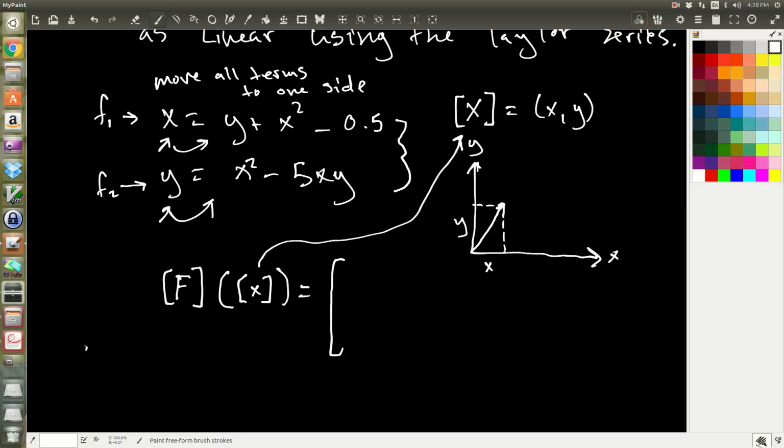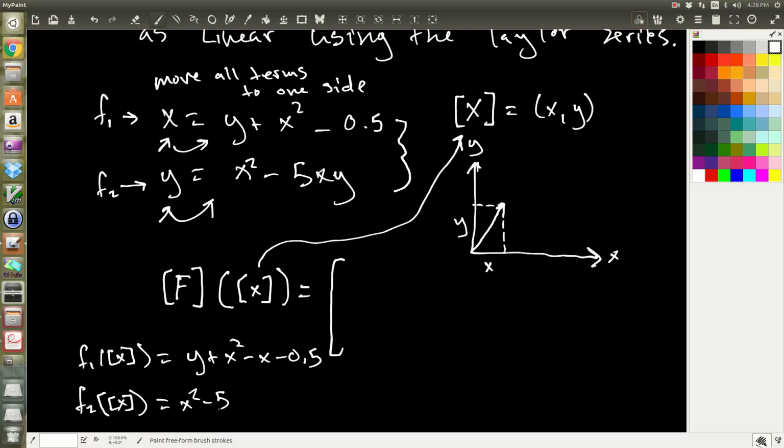So our f1 of x would equal y plus x squared minus x minus 0.5, and then f2 of x would equal x squared minus 5xy minus y.